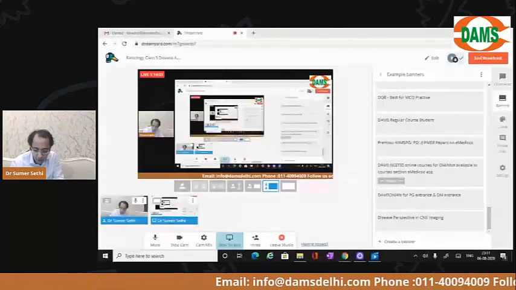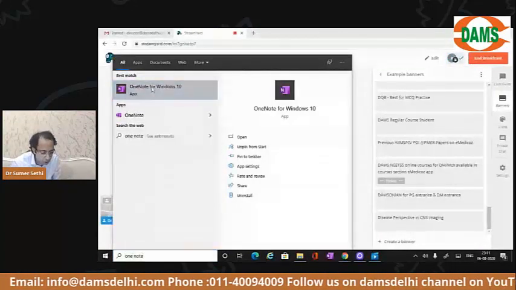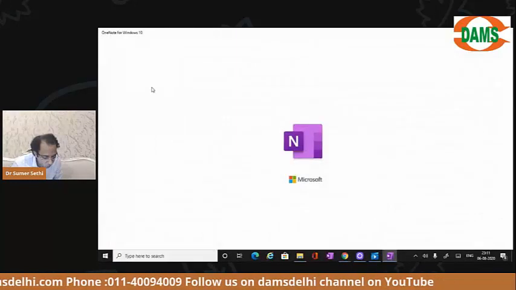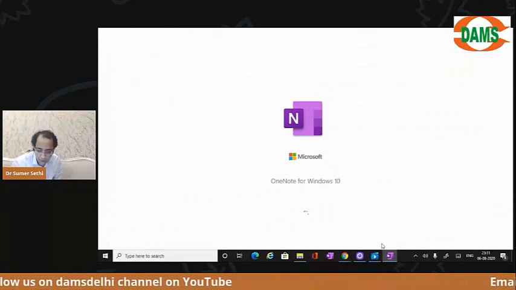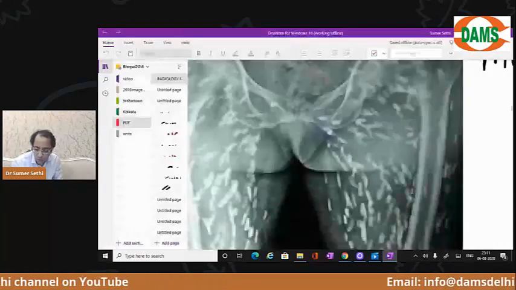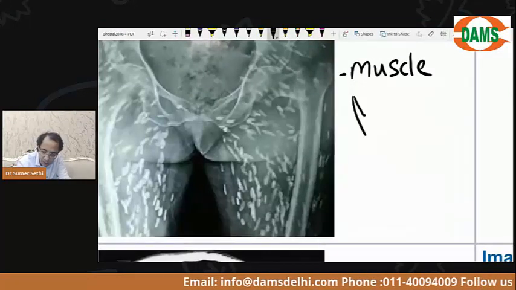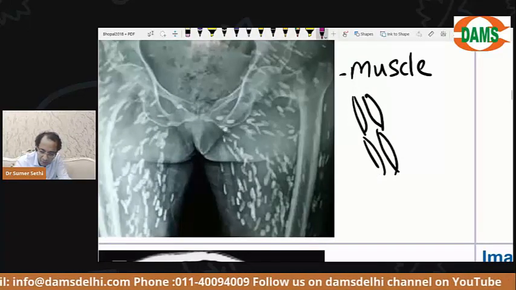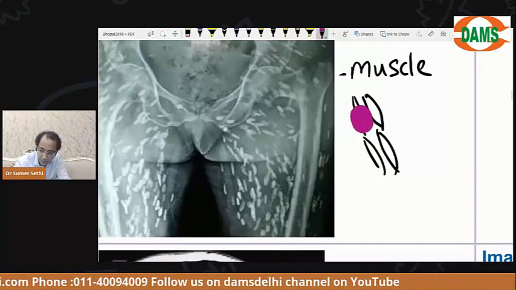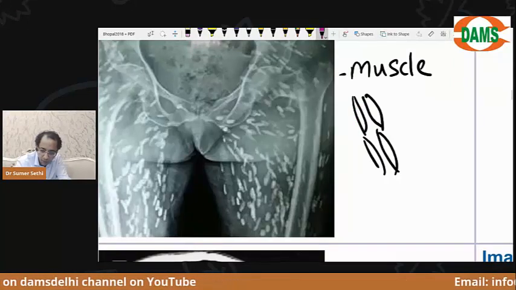So when the cysticercus goes to the muscles, it is oriented in the muscle spindles and takes the shape of the muscle spindles like this. Let's see how many of you are able to follow my point.